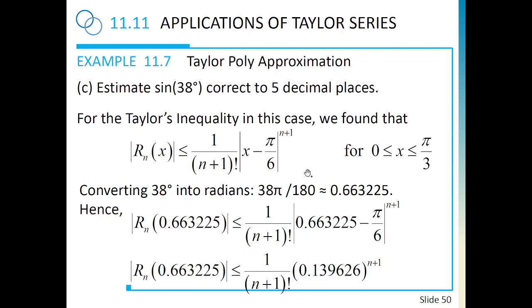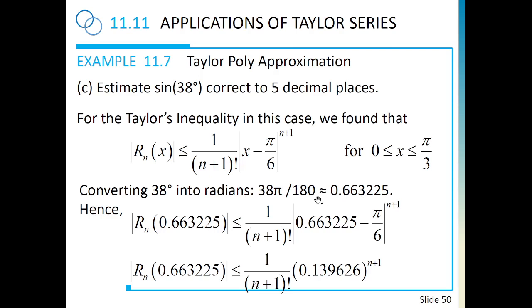We have x from 0 to pi over 3, so this estimate is still valid. We just need to convert 38 degrees immediately into radians, so we get something close to 0.66 radians.